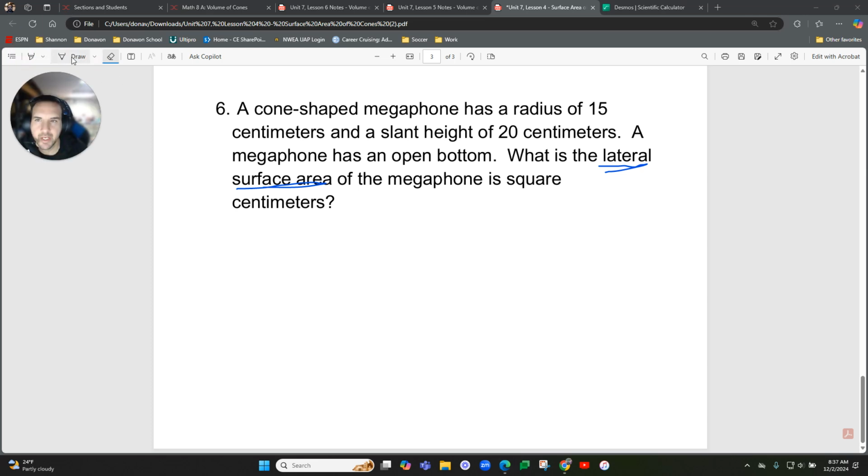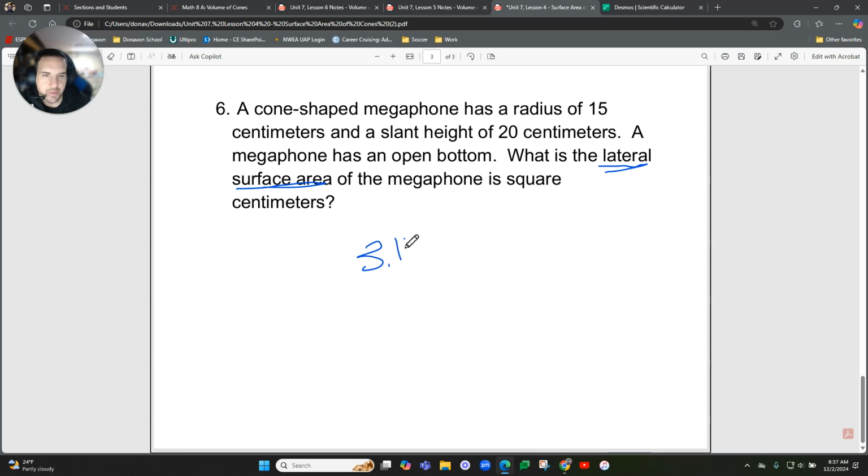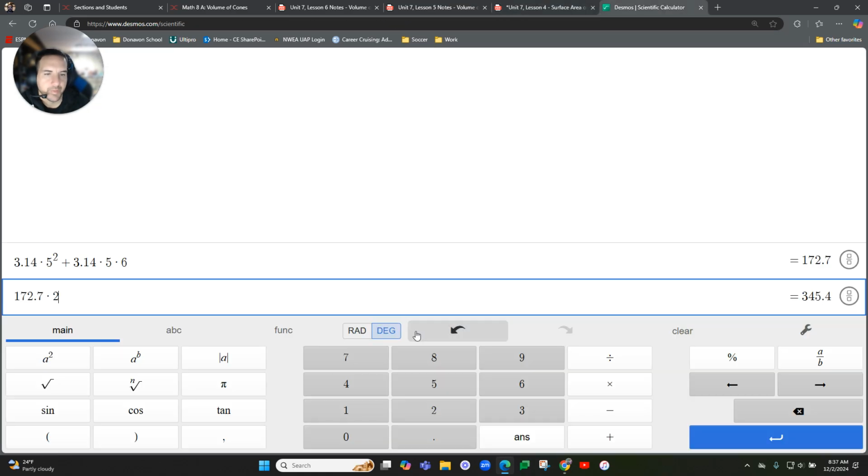All right, I have to go back and switch to the pen. Okay, so we're just doing pi times the radius, which is 15, times the slant height, which is 20, for this particular problem. All right, we're going to get rid of that.